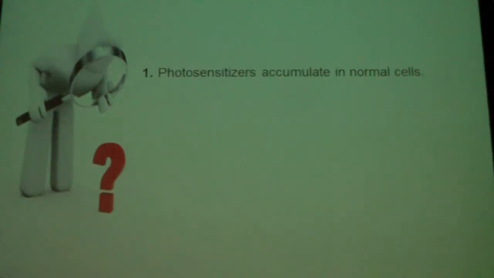The prospect for using photodynamic diagnosis and therapy is limited by, first, photosensitizers can also penetrate normal cells.